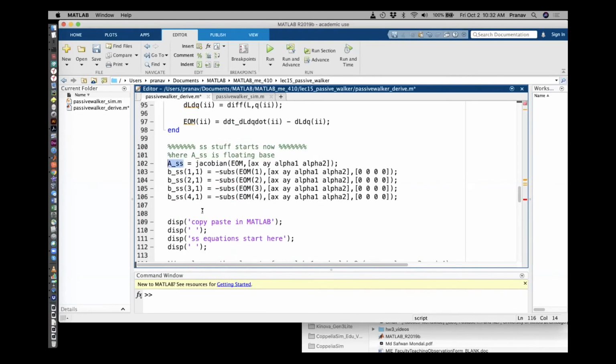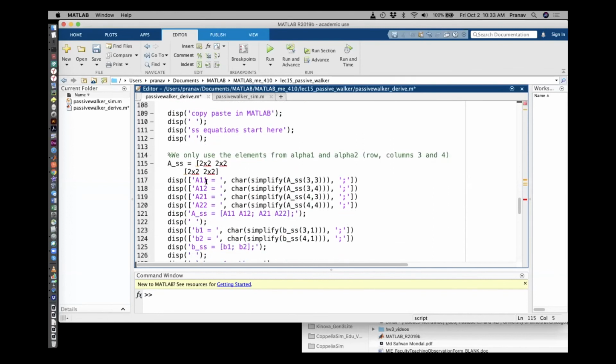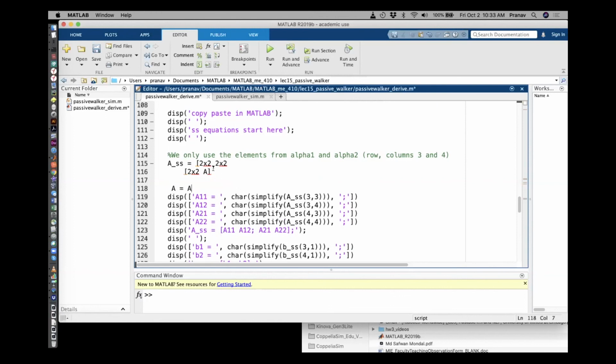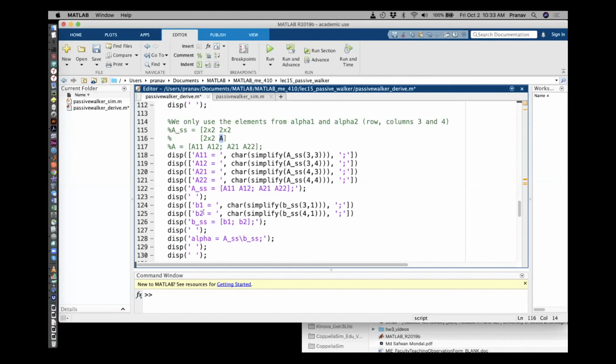So this is A_SS, so I'll write it as A_SS. And these A matrices are from here, A, where A equals A11, A12, A21, A22. Okay, so this might make it slightly more clear what I'm doing. This A_SS is a 4 by 4 matrix, but what I'm interested in is this element, which gives me A11, A12, and that's what I wrote down over here. And same for B, it's just this last 2.